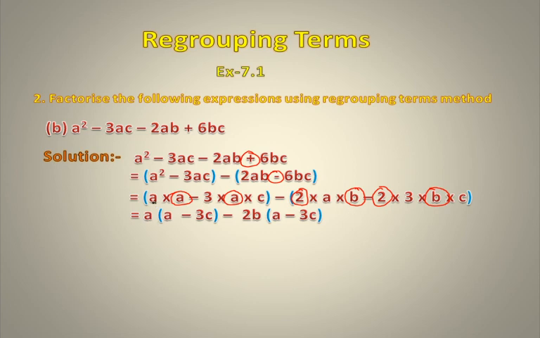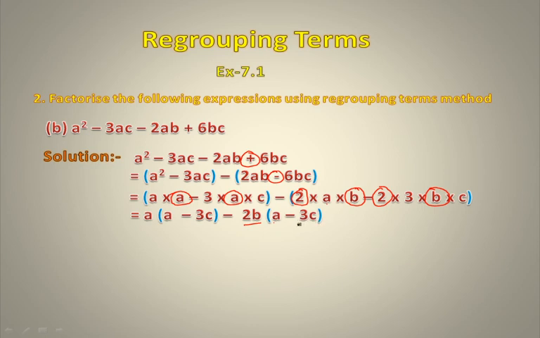What is left here is a, then minus, then 3c. In the second group, your 2 and b can be taken out, 2b, and what is left is a, then 3c. So we are left with 3c from the second group.